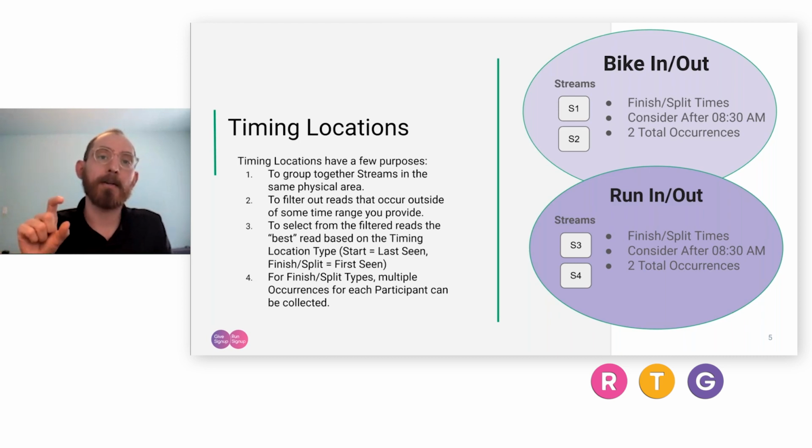So that reader, we want to take both of those occurrences, the first time they cross it, and the second time they cross it. And then we're going to build out some times from those 2 reads, because we know the bike starts when they leave transition and it finishes when they re-enter at that same location. So if you have a finish or split time location, it allows you to say, I want to consider up to X number of occurrences at this location, and you can use those down the road to build out your times.